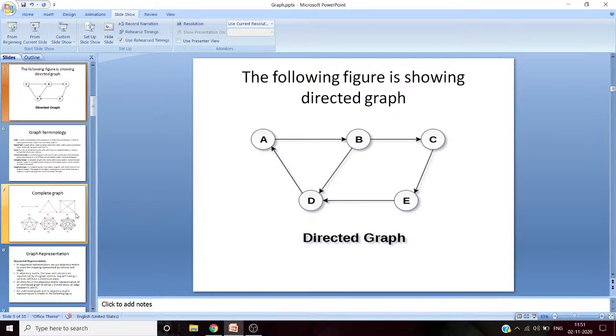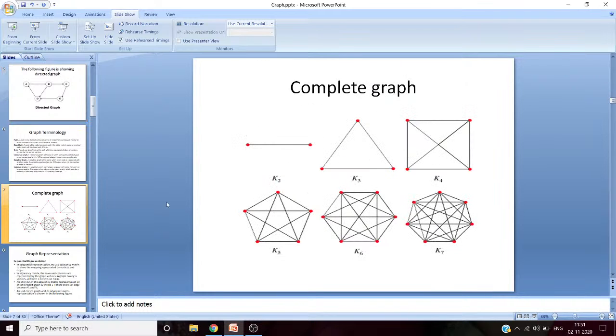And what is a weighted graph? I will get back to you, but first of all we need to know the complete graph. See, if there is an edge between every pair of vertices in a graph, that will be called a complete graph. Suppose this one has two vertices and there is one edge between these two. This has three vertices.